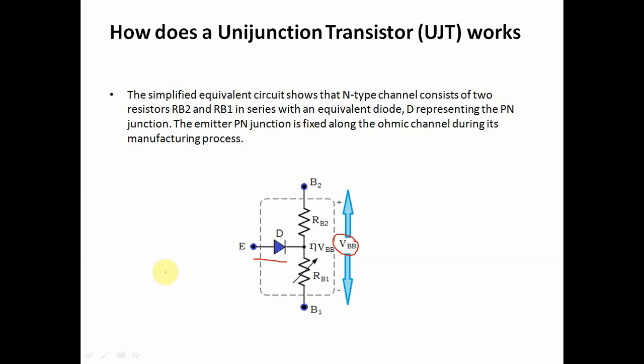This is the working of UJT. In UJT there is a diode connected in series with the two resistors RB2 and RB1. Here RB1 is the variable resistor and RB2 is the fixed resistor. VBB is the voltage in between the two base terminals B1 and B2.